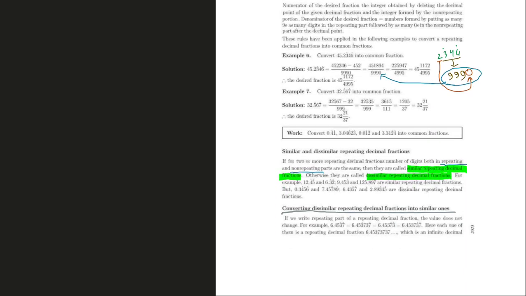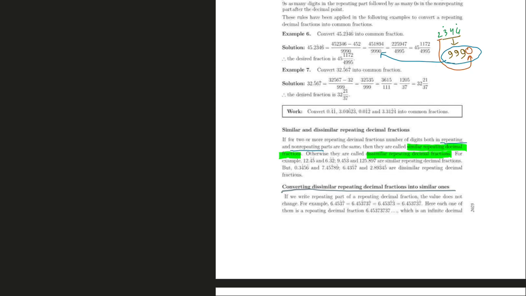Okay, here in example 6, they convert 45.2346 into a common fraction, right?